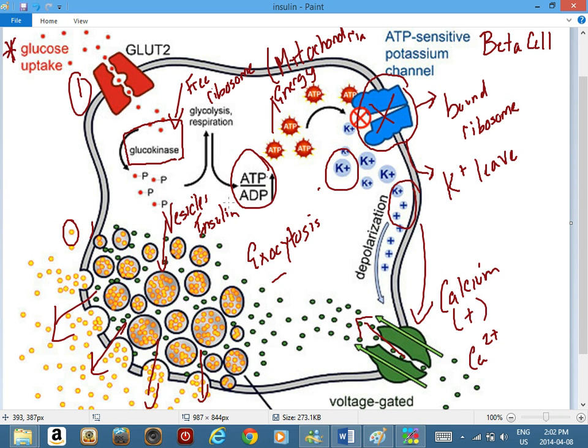Alright, now let's see if we could tie in together some other organelles. So here's a question. The instructions to build insulin, to build these doorways, where do they come from? Where do the instructions come from to build all of these structures? And the answer is here, DNA.